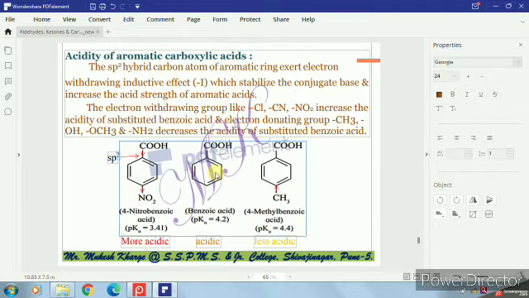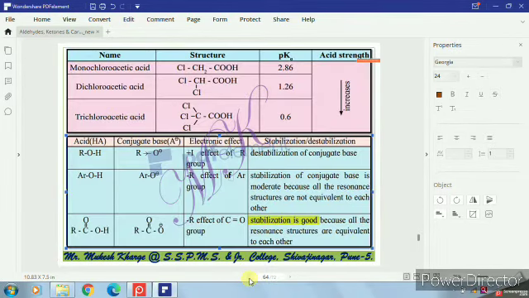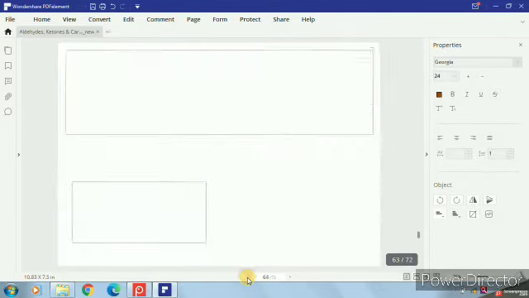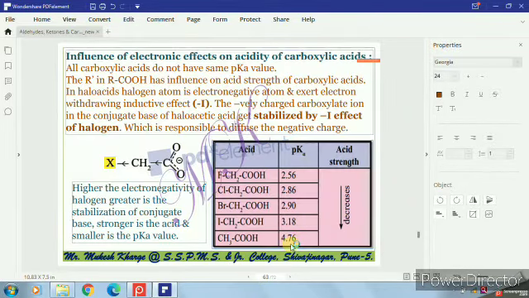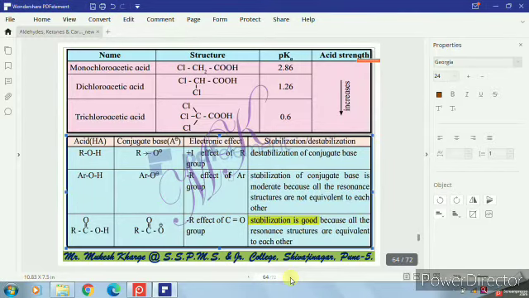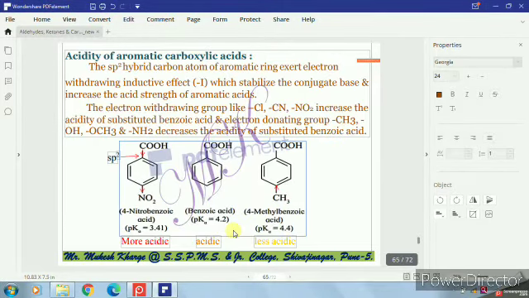Due to that, acidic strength increases. The pK value of benzoic acid is 4.2, and if you check the pK value of acetic acid, it is 4.76.